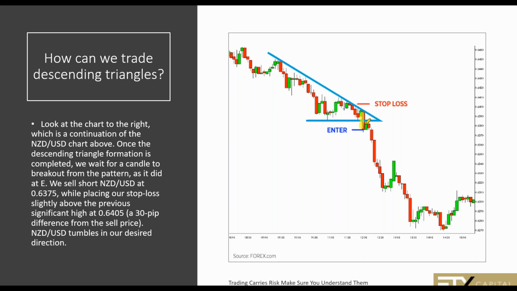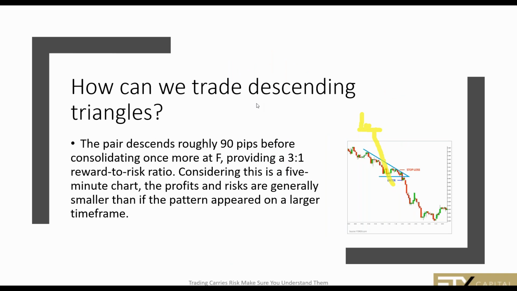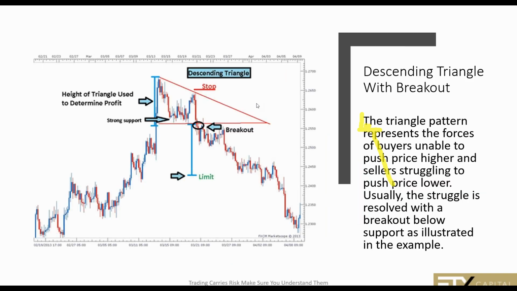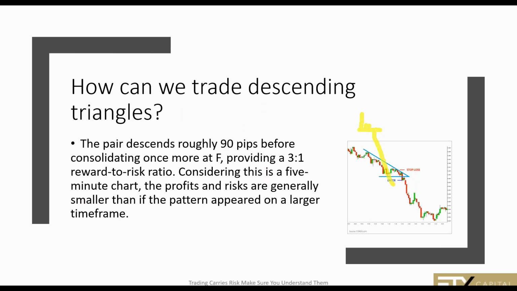We have the breakout, we have the confirmation candle, and here's where we would enter the trade on that third candle. Okay. And we would have had a very nice successful run of that price. Actually, the pair descended roughly 90 pips before its consolidation.